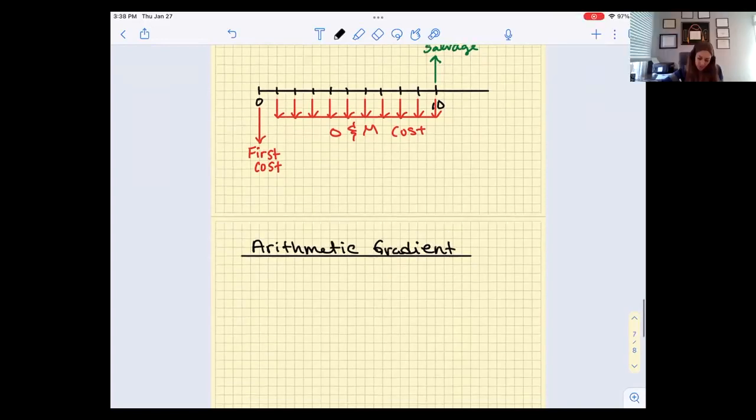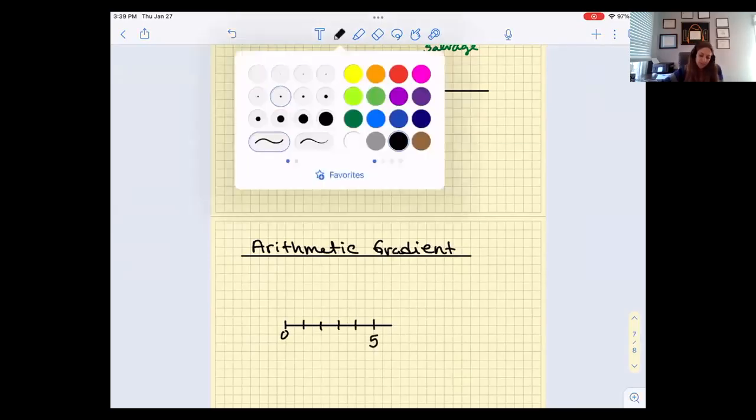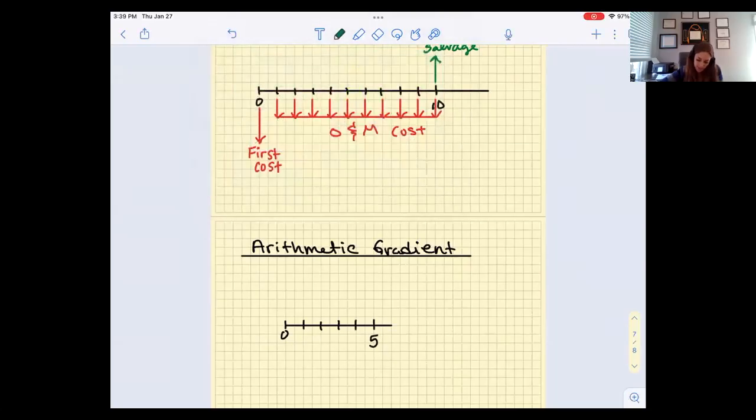And so an arithmetic gradient is something that starts at a 0 mark and increases linearly. Let's say it started at 0, but it went up by some regular rate, like $25 a year. You made $25 more every single year.